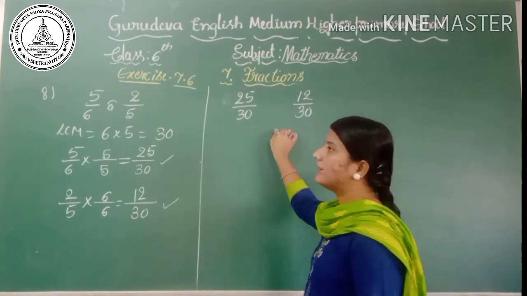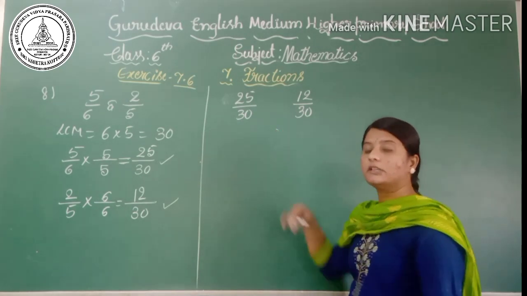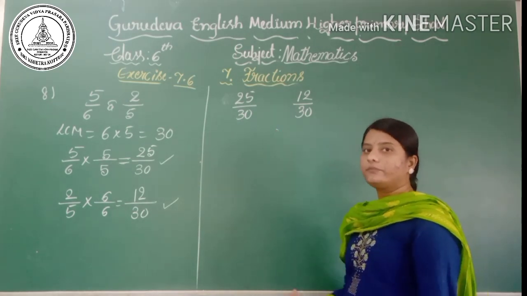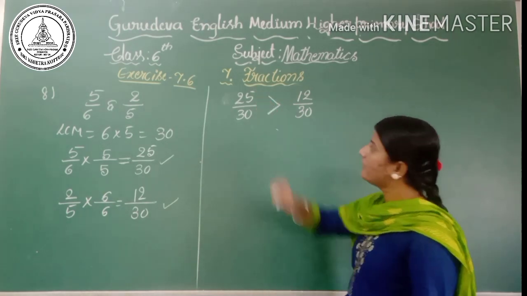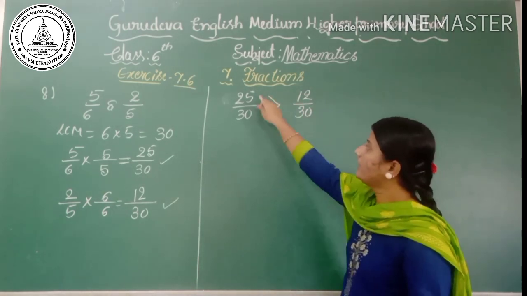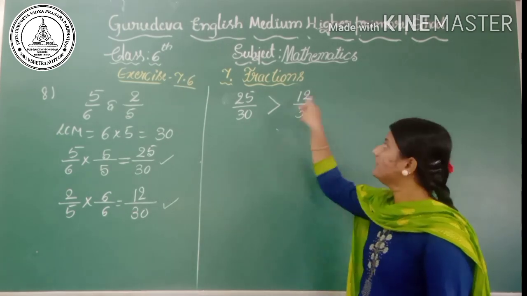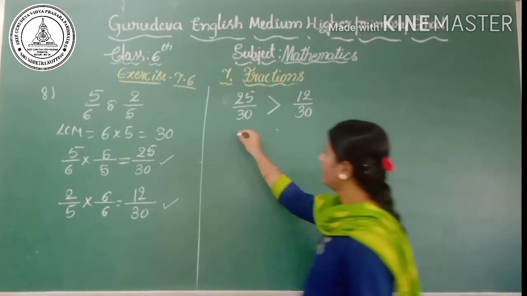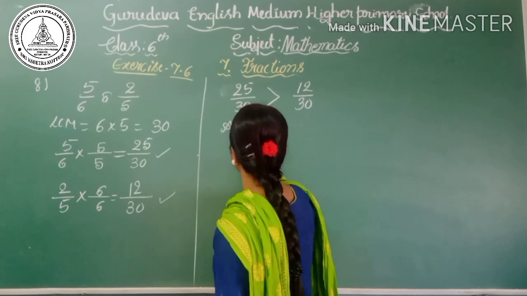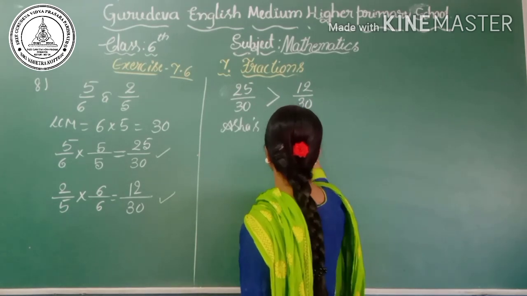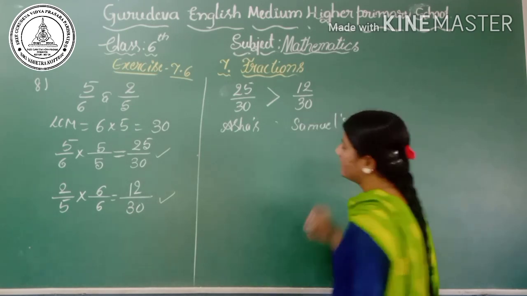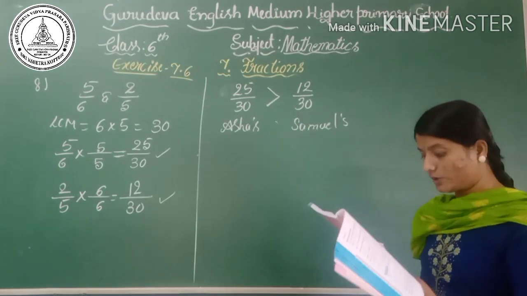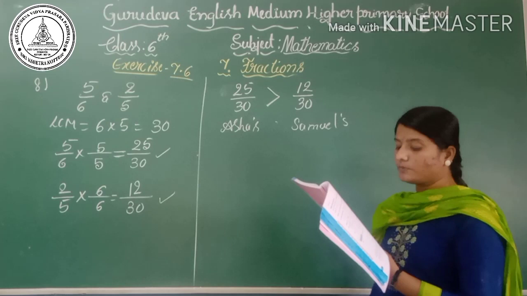Here these two are like fractions. Which fraction has the greater numerator? That is the greater fraction. Here 25 is greater than 12, so 25 by 30 is greater than 12 by 30. So it is Asha's, and it is Samuel's. And finally they are asking, whose shelf is more full?